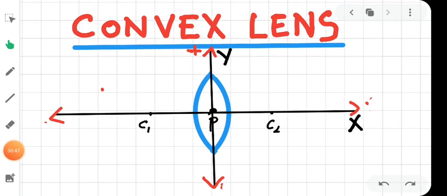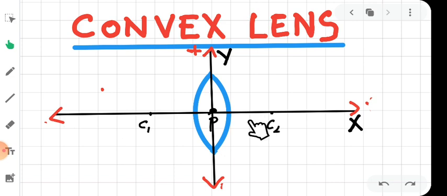The third ray that I want to discuss with you is a ray which goes through the focus. As you can see, this is a lens. Any light ray running parallel on this side will go through the focus on that side.